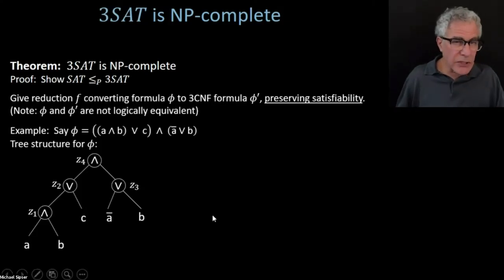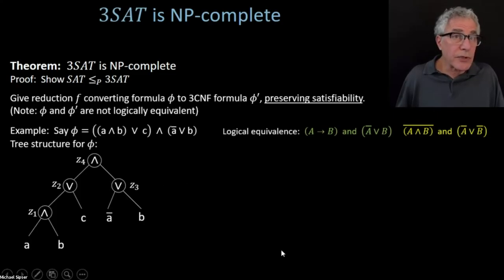And let's ignore negations for the minute, because negations you can always push down to the leaves, but it's just going to make it too complicated. So negations turn out not to be a problem. There's only going to be negations at the level of the inputs, not negation operations in the middle. Okay, so we have this tree structure here.